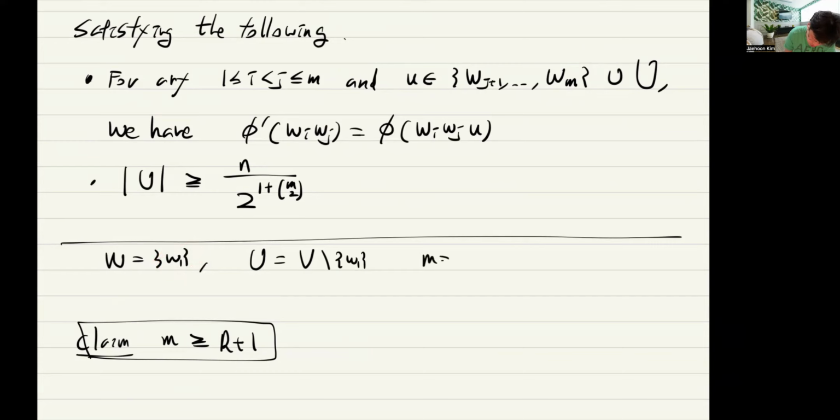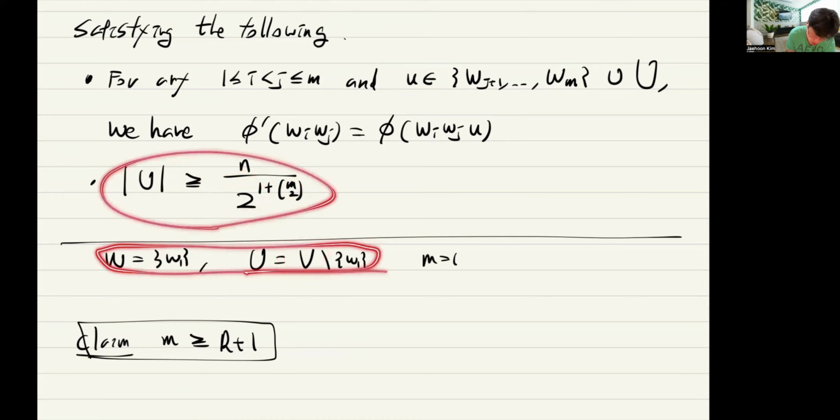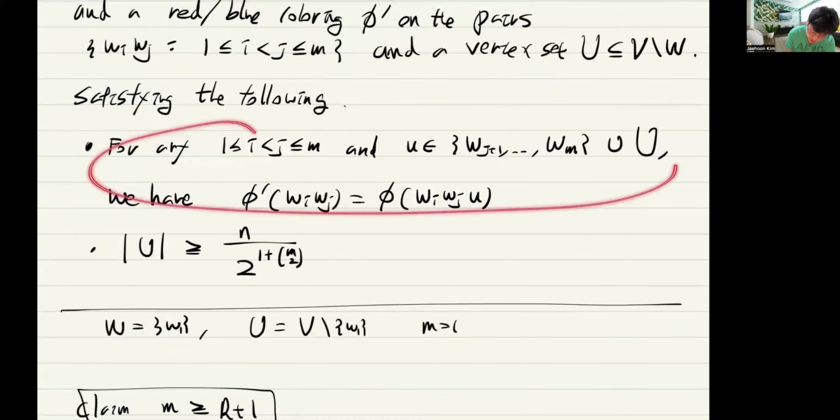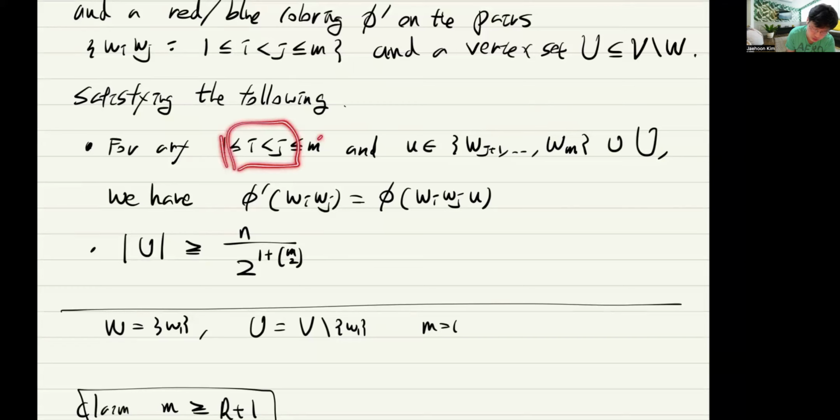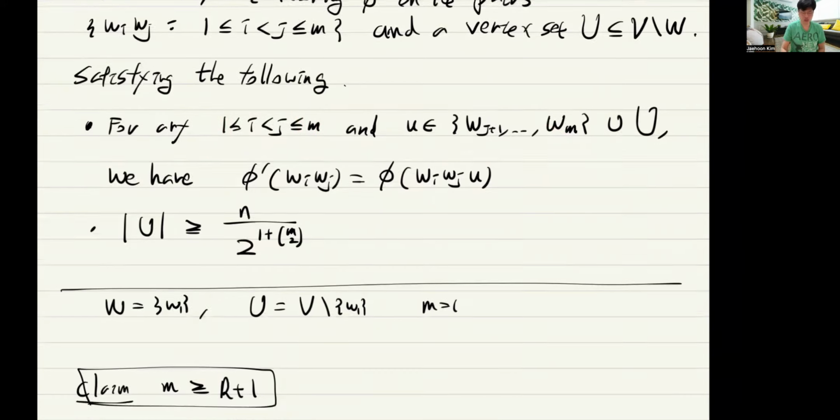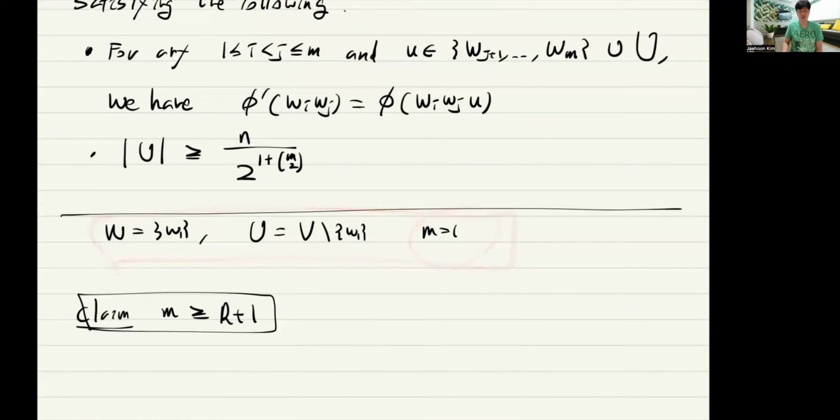Then m is 1, and this exponent is 0, so U has n minus 1 vertices, at least n over 2, and this inequality holds. The first condition is vacuous: out of one vertex, there is no way to choose two distinct i, j between 1 and 1. So it's vacuously true and satisfied with m equal to 1. So such a choice exists, and the maximum is at least 1.